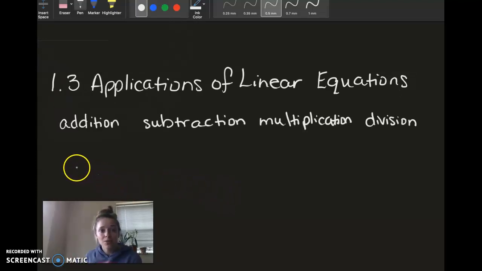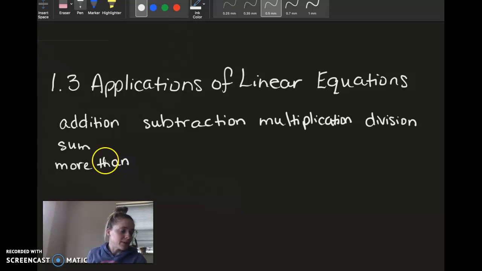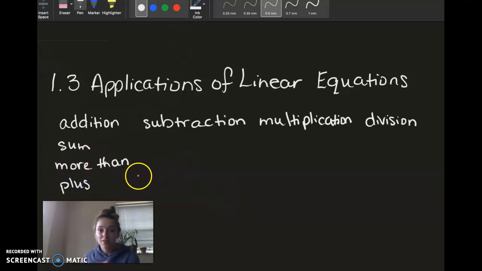Some words that go along with addition would be the sum, or more than, or plus, or greater than, or things like that.